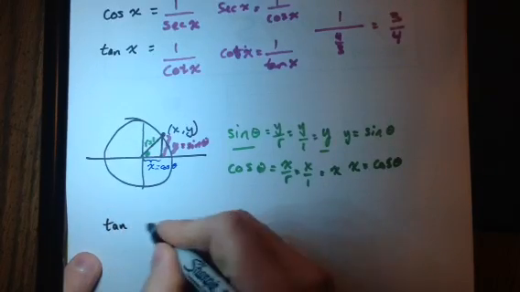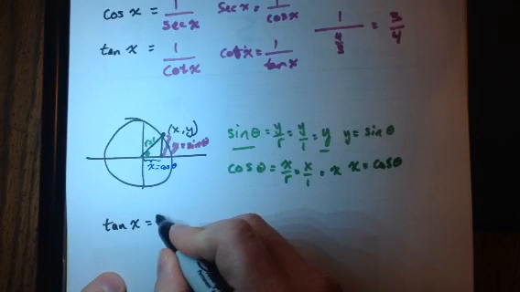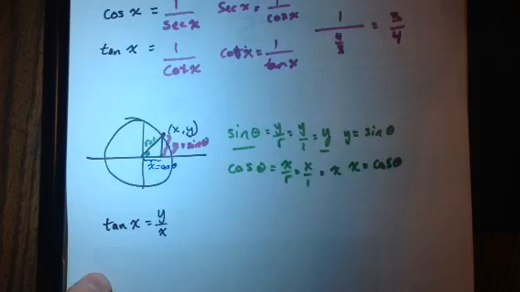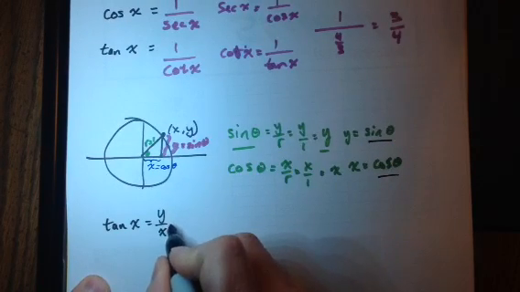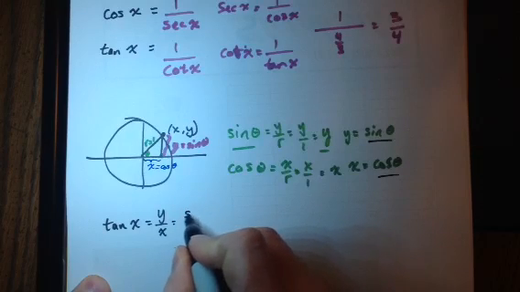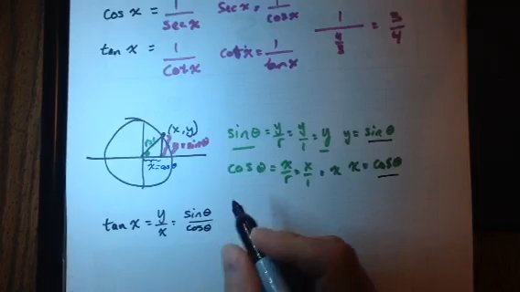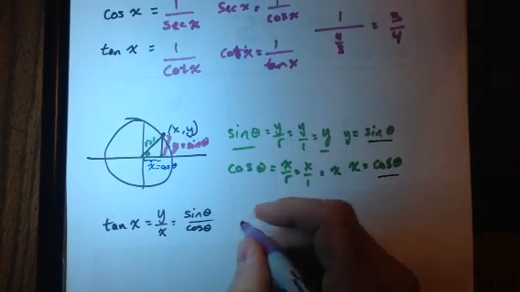If you remember, tangent has a definition of y over x. But if we look up here, we can think of y, on the unit circle of course, as sine theta over cosine theta. So this is another useful identity that we'll use often in this chapter.